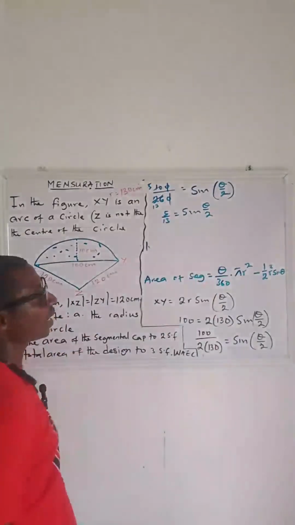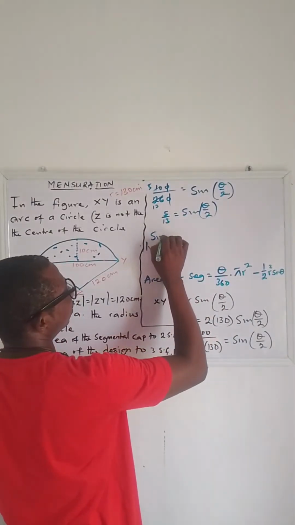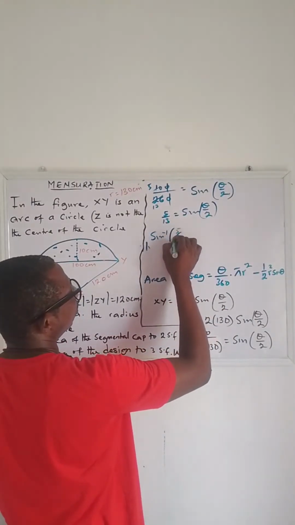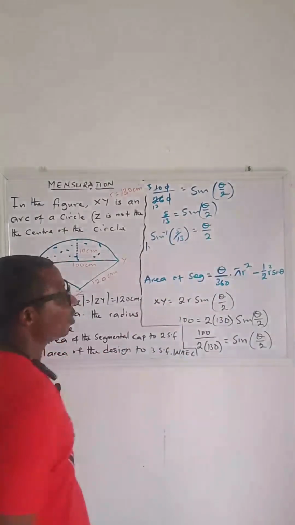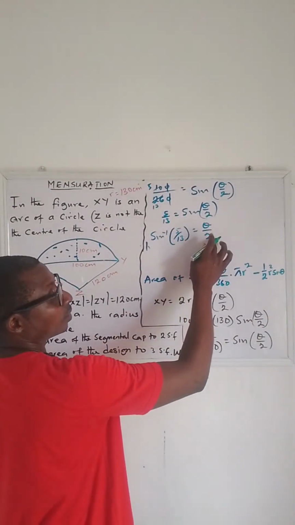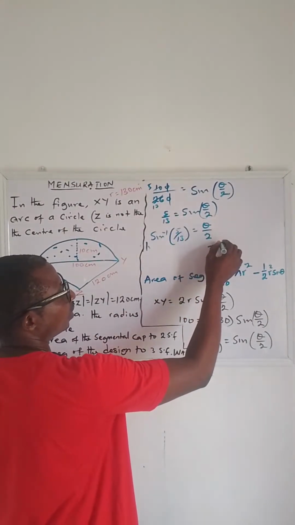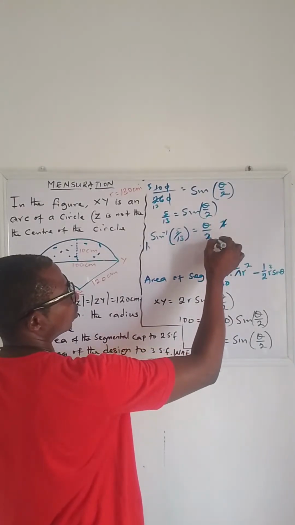So we can find arc sine of both sides. So let's find that. We have arc sine of 5 over 13 equals theta over 2. So let me multiply both sides by 2. If I multiply this one by 2, you have only theta here, because 2 cancels 2.